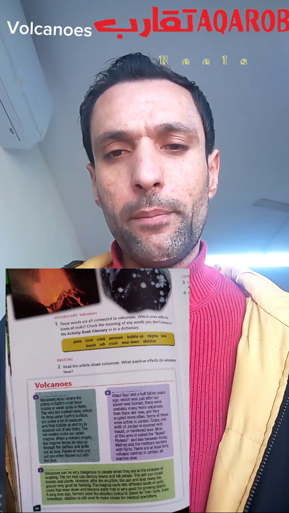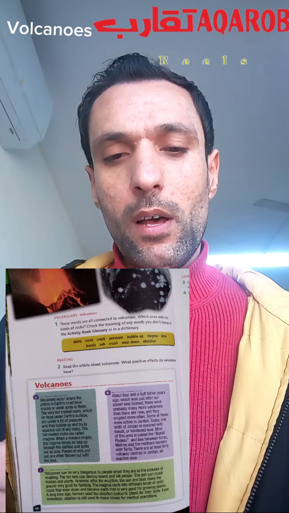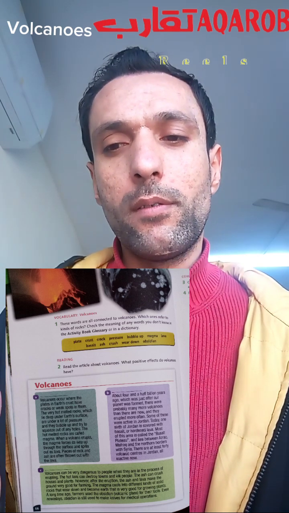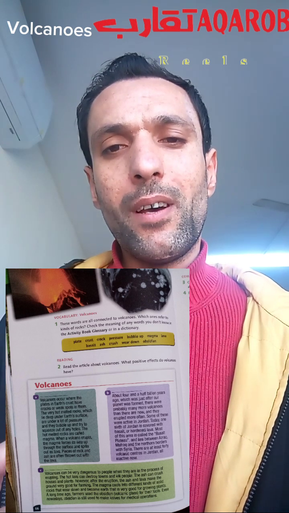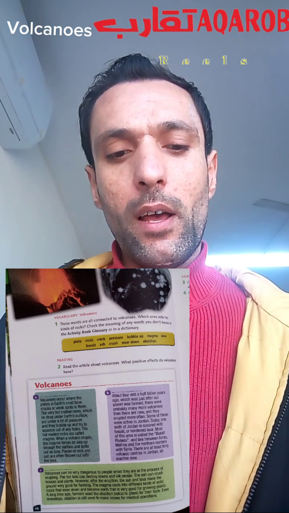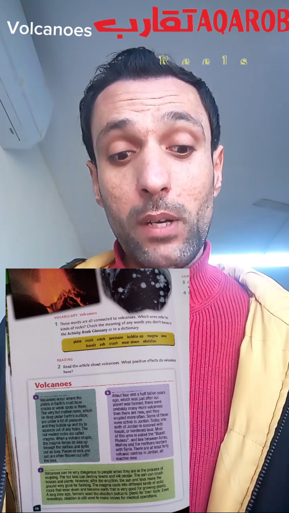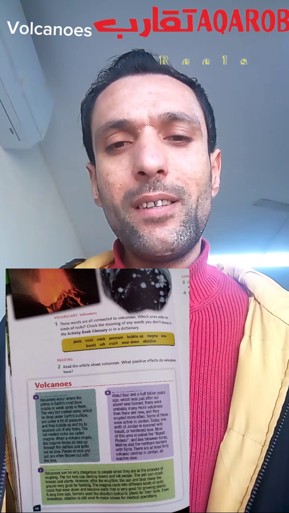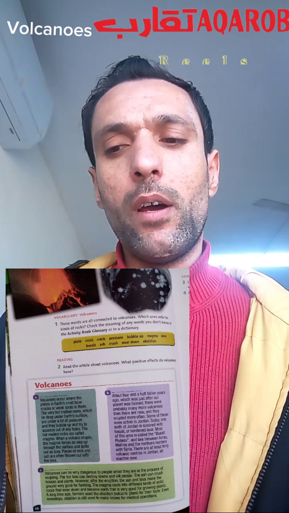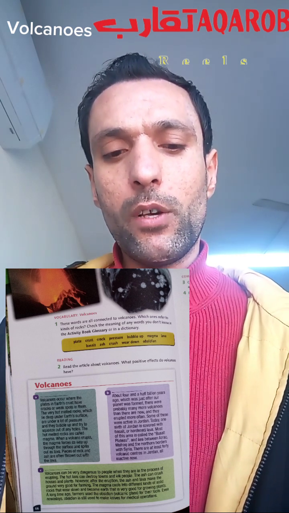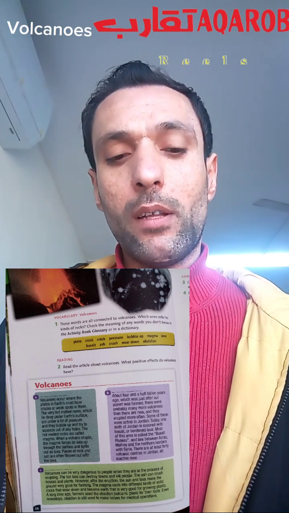What happens to them? They contain inside hot melted rocks, because the temperature inside is very high, and the rocks are melted. They are melted inside, which lie deep under Earth's surface. So we have the Earth's crust, al-qishra, and we have Earth's surface, which is sath al-ard.